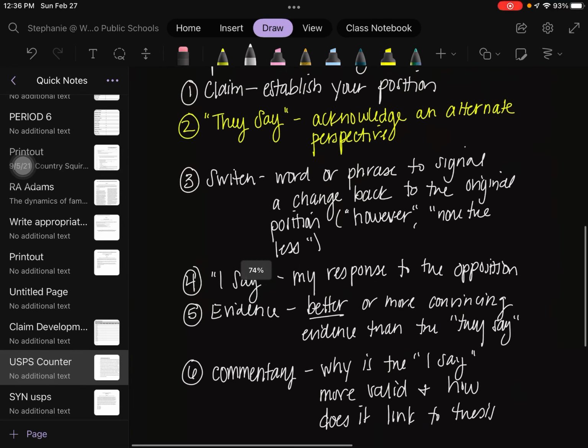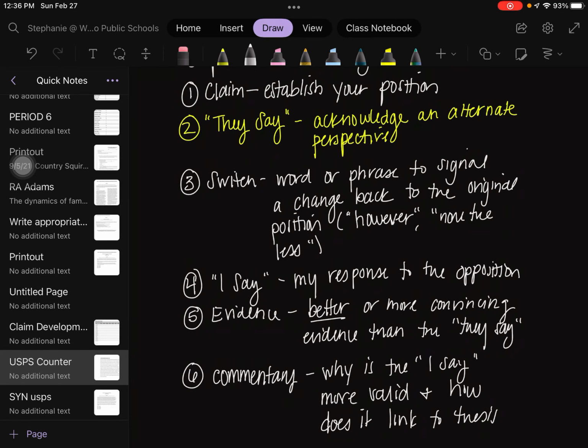Now, looking at all of these steps, they can vary in length, and they can move around a little bit. I would always warn you against putting this they say at the end of a counterargument paragraph, just because we always want to leave the reader with what we think in the end and develop our argument as the last thing they read, instead of acknowledging another opinion haphazardly.